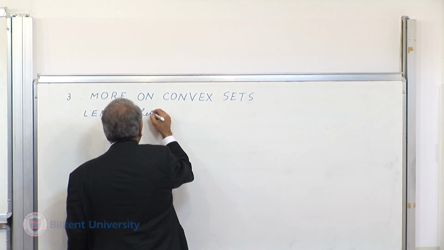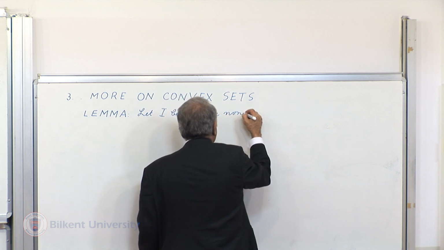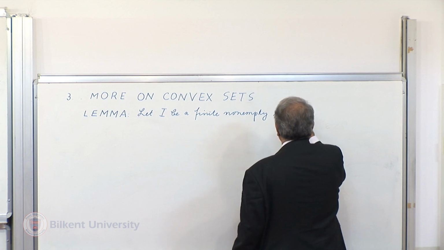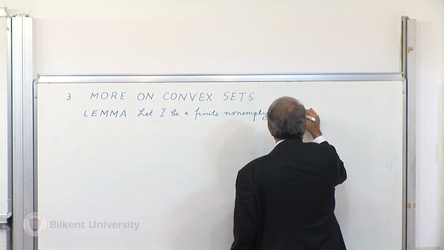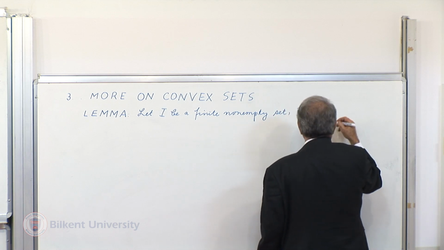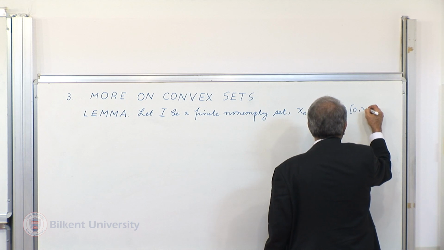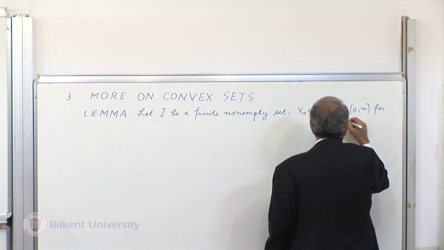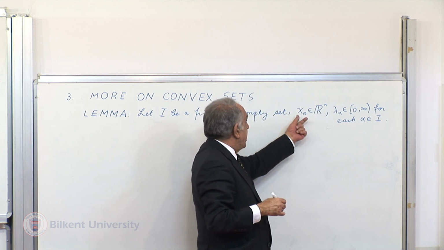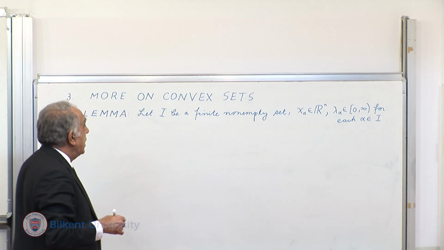Now let I be a finite non-empty set, x alpha in Rn and lambda alpha a non-negative number for each alpha in I. So we take finitely many members from Rn and some non-negative coefficients, and we form their linear combination.